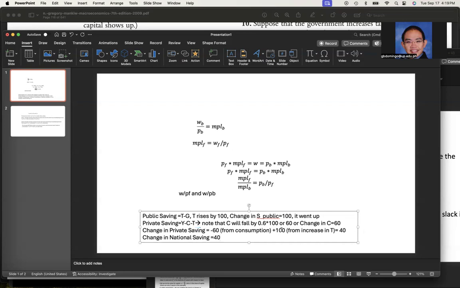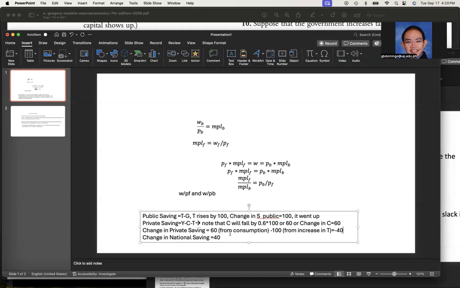So it's positive, right? Oh, hold on. That's minus 100, I should say. And this is, sorry, minus 160. Okay, so notice that it's minus from 60 because consumption will fall by this amount, actually. So this is a positive 60, and that's 100. So this is minus 40.